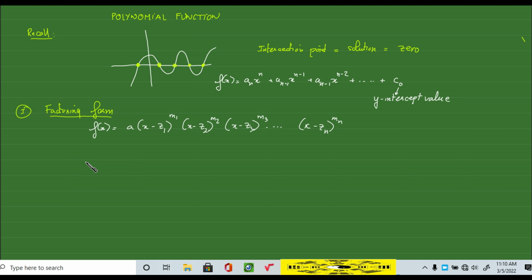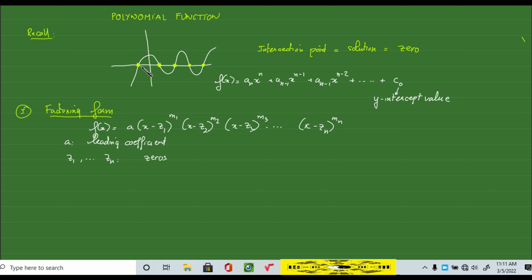Alright, so how do we understand this? First of all, we know right away this is in the product form. What is z1 and what is m1? And what is the a value? Over here, a value is a leading coefficient. And the z1 to zn here actually is a 0.